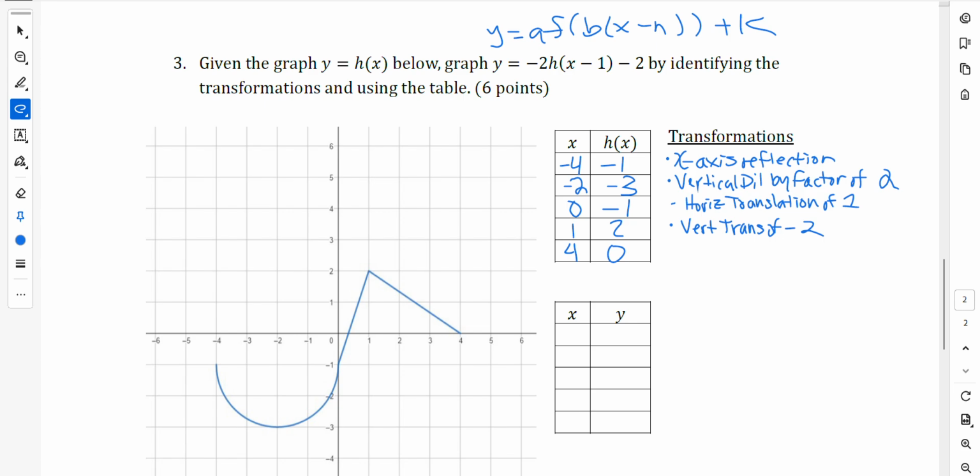Because this is saying with a horizontal translation of 1, all of these x values are going to be moved in the positive direction. -4, -3, -2 to -1, 0 to 1, 1 to 2, 4 to 5.